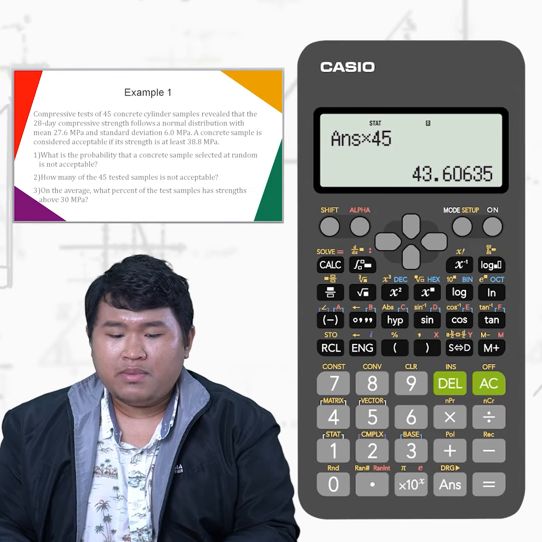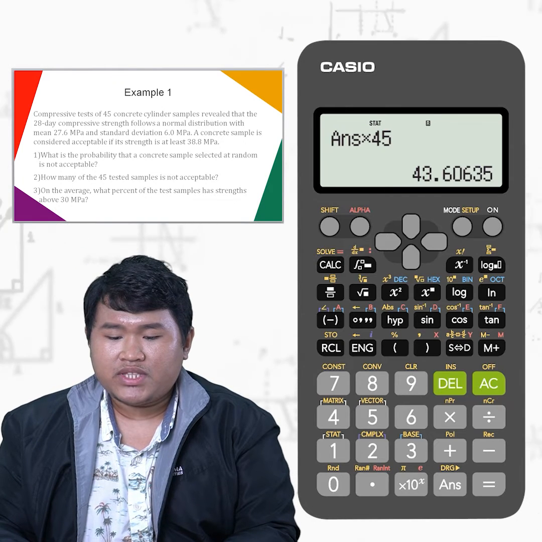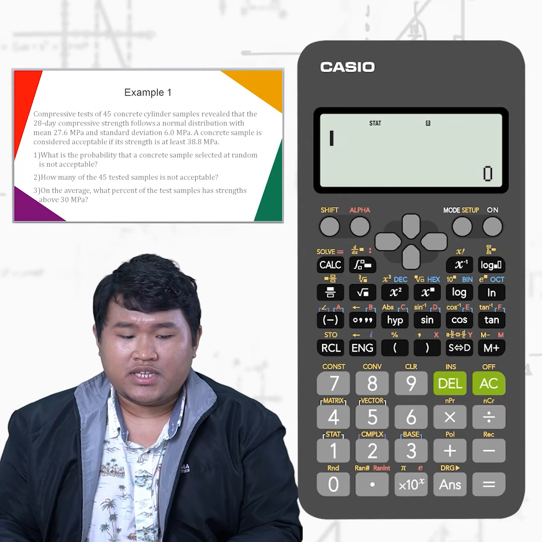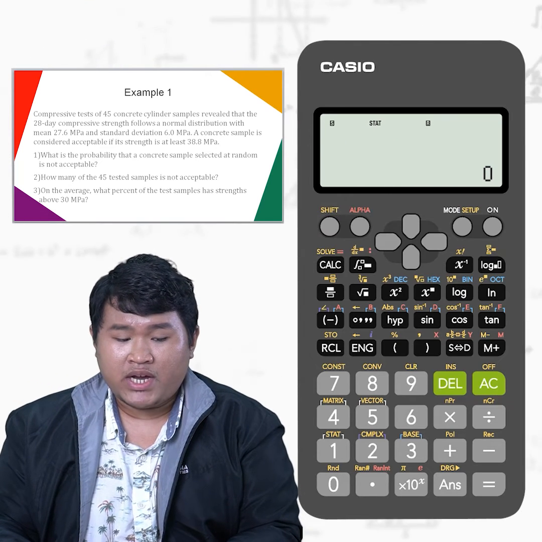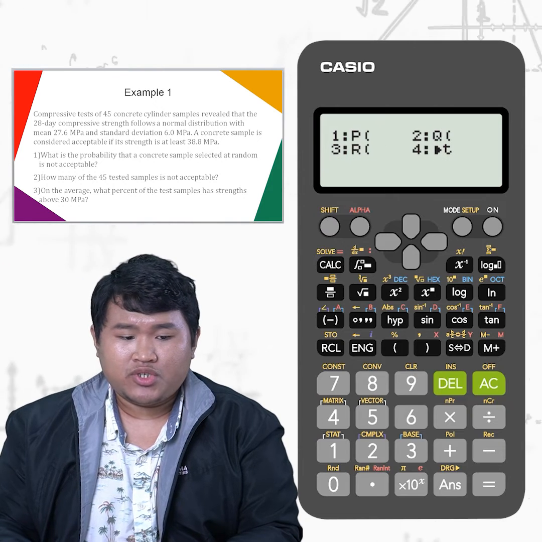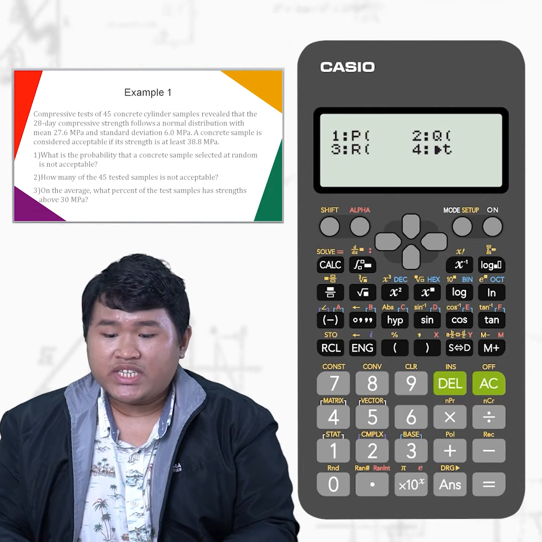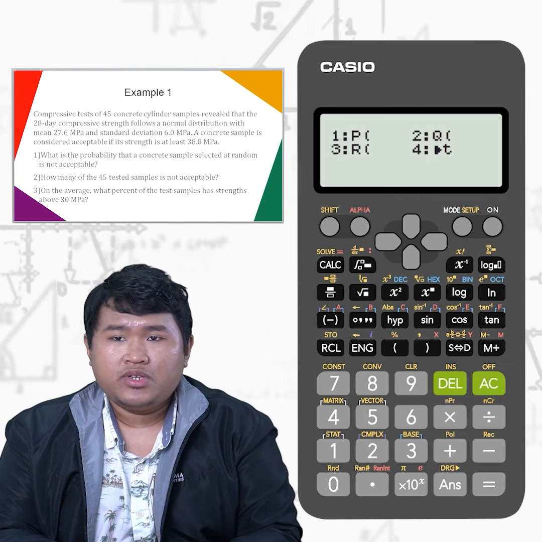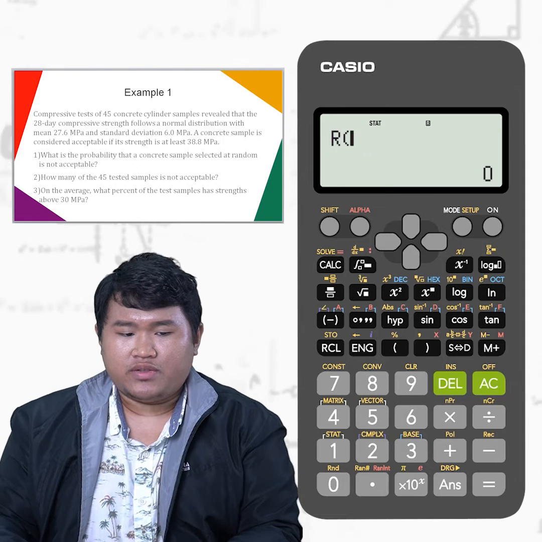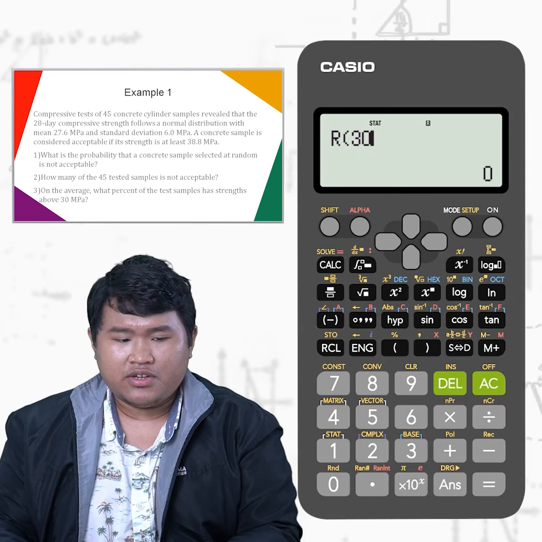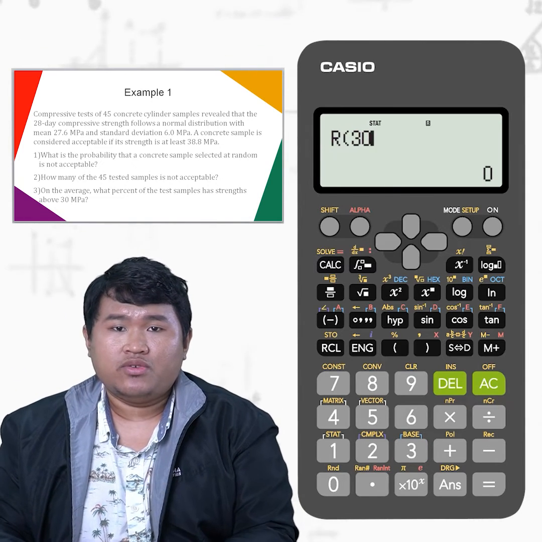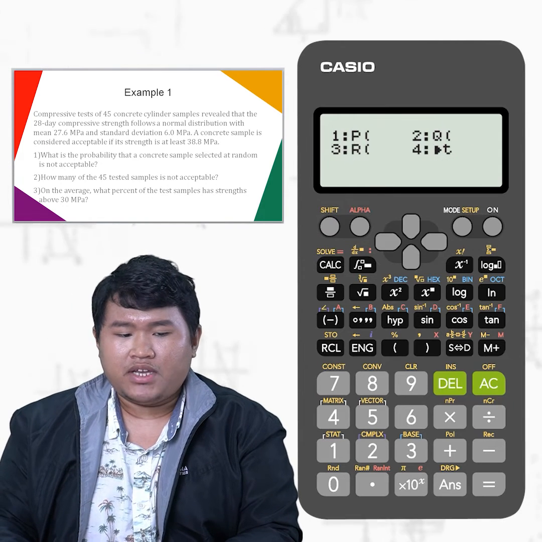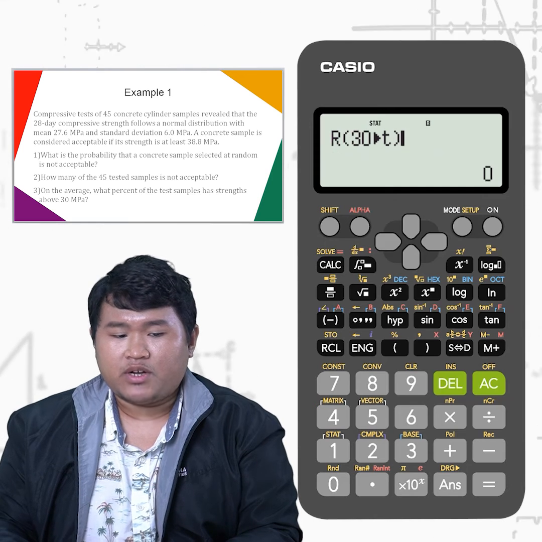Now, for the third problem, on the average, what percent of the test samples has strengths above 30 megapascals? Again, press AC and then Shift 1 and then 5 for the distribution. Since we require strengths greater than 30 megapascals, we will use the right function R. Let's input 30, and then convert it again to a z-score using Shift 1 and then 5 and then 4 and then close parenthesis.